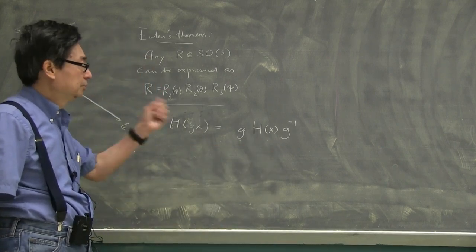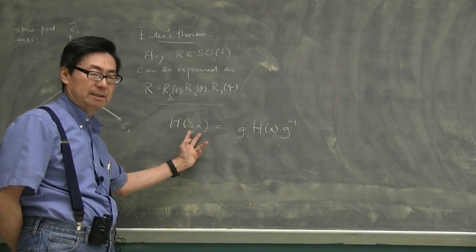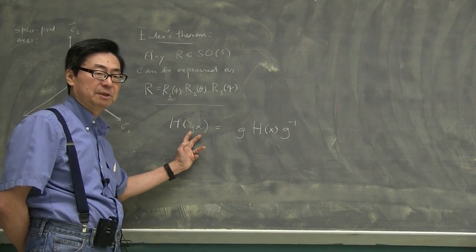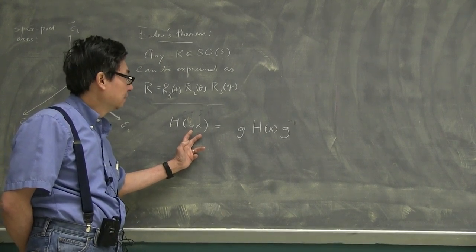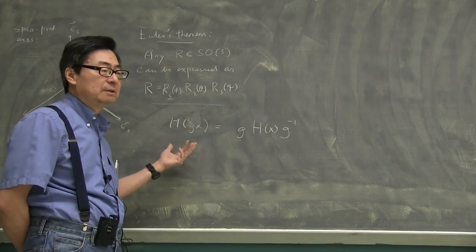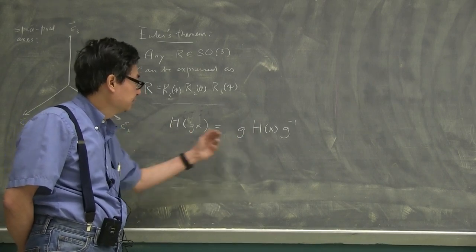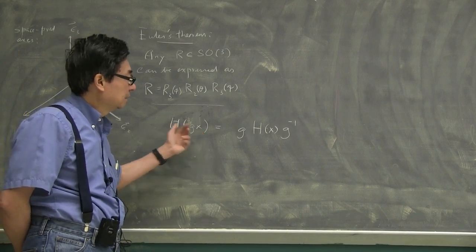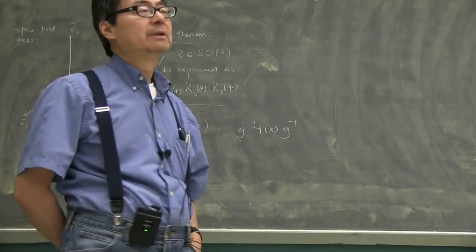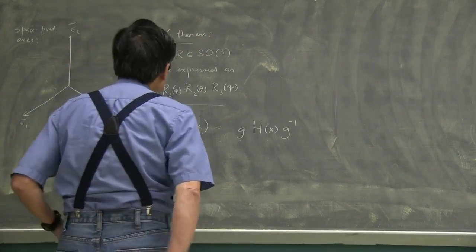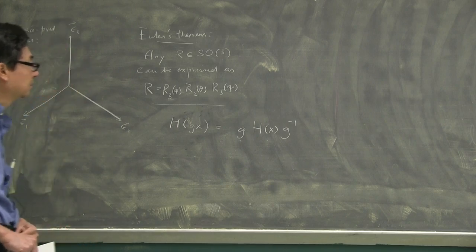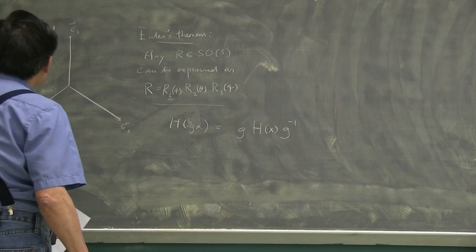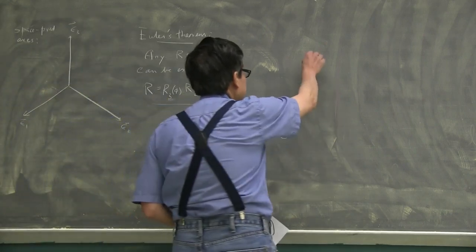Then you imagine a rotation g which takes you from x to gx. The isotropy subgroup with respect to that different point is a different isotropy subgroup, one which leaves x invariant, and the other which leaves gx invariant. The two are related in this fashion. Using this lemma, we were able to prove Euler's theorem expressed in terms of space-fixed axes.